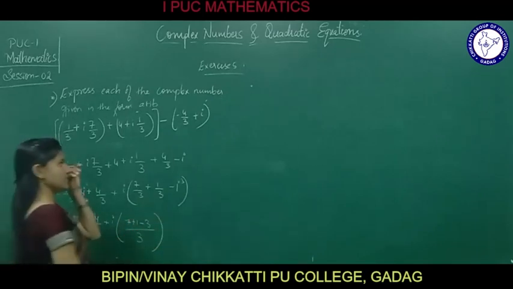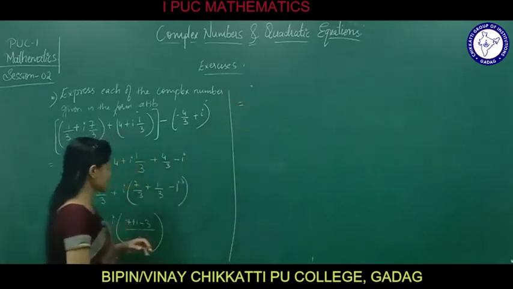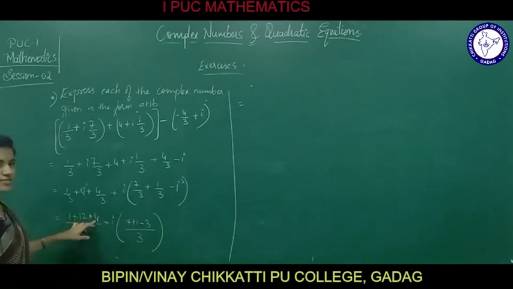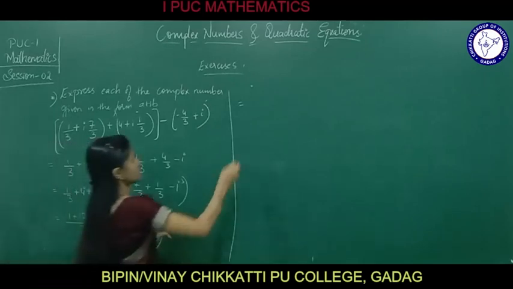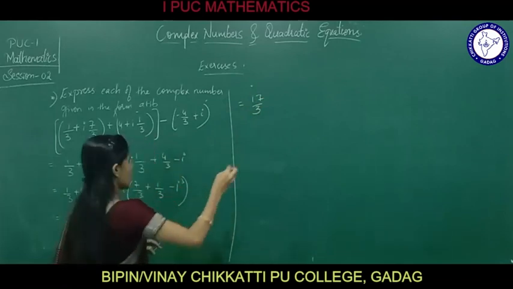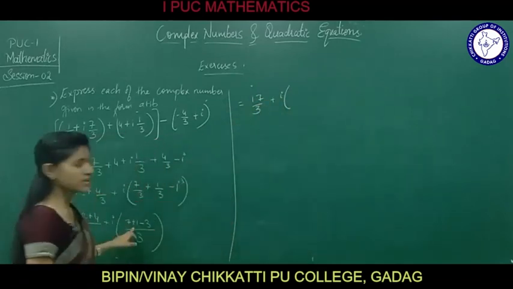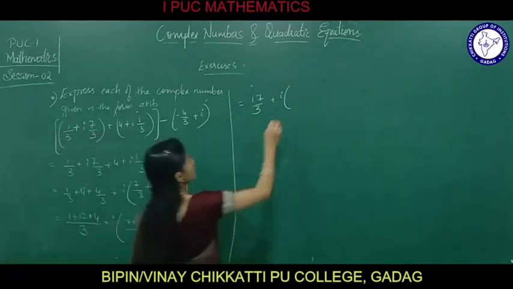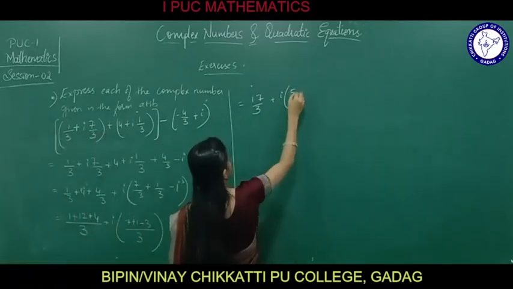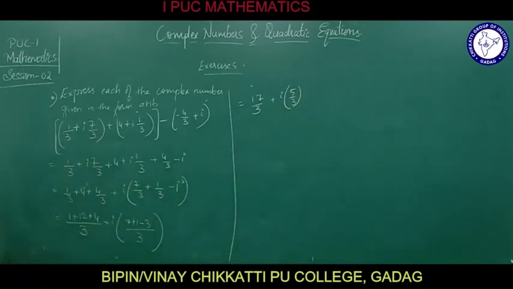On further simplification, I am going to get 12 plus 4 16, 16 plus 1 17, 17 by 3, plus i into 7 plus 1 8, 8 minus 3 5, 5 by 3. I got the answer as 17 by 3 plus i into 5 by 3.